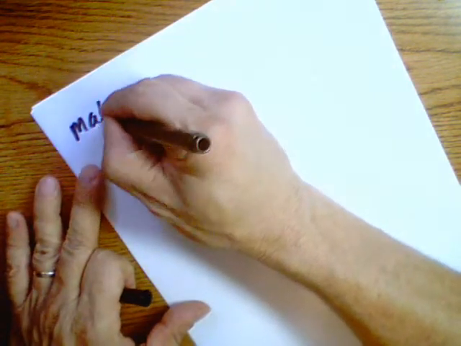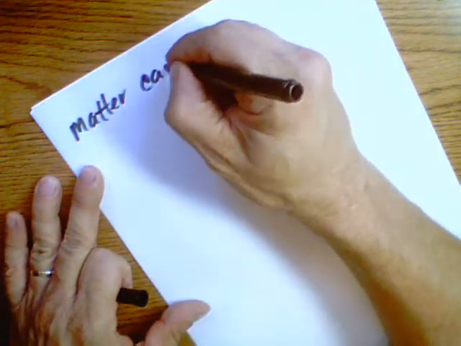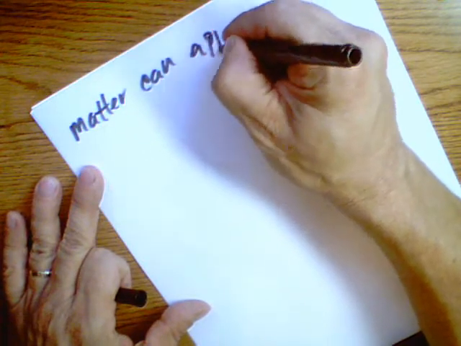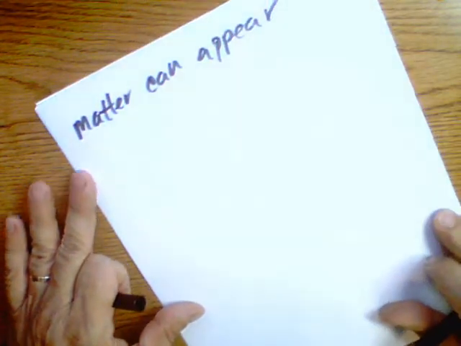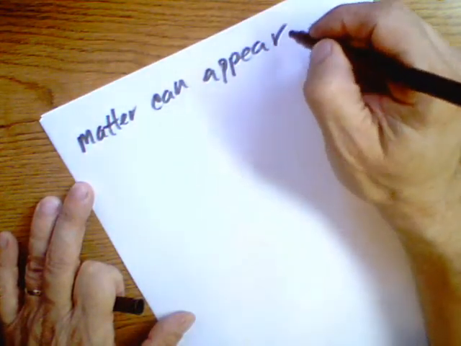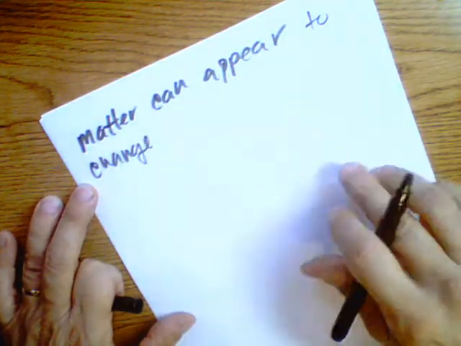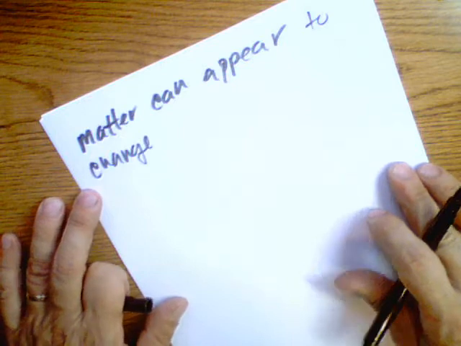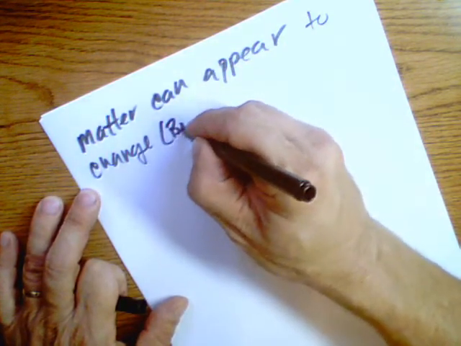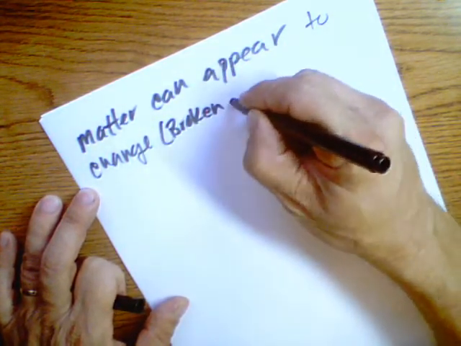Now, matter can appear to change, and that happens when it gets broken into bits.